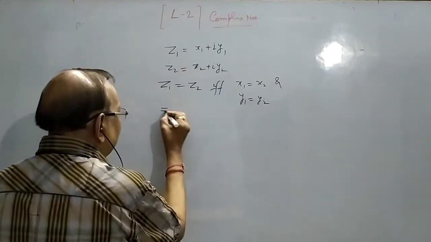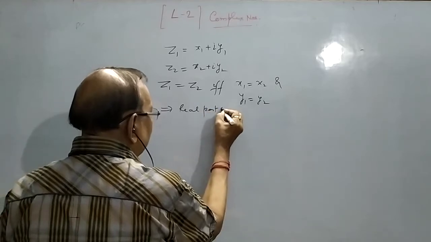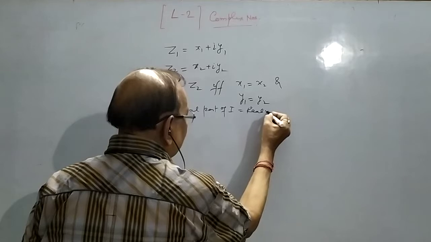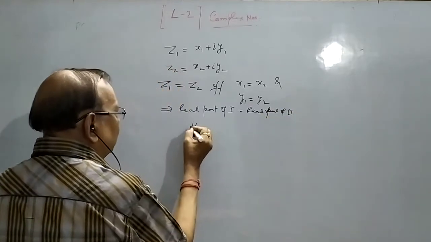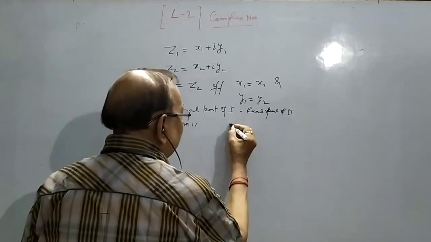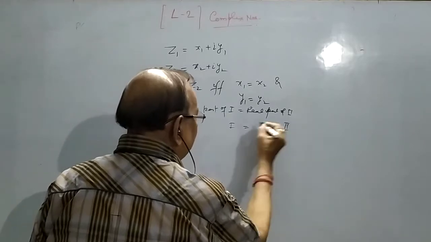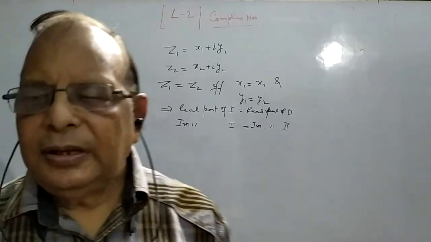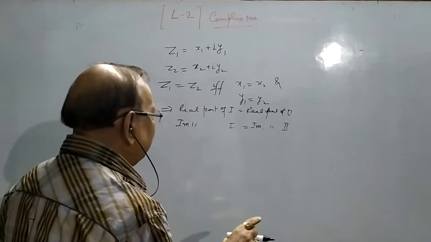That means the real part of the first is equal to the real part of the second, and the imaginary part of the first is equal to the imaginary part of the second. The imaginary part separately must be equal, and the real part equal.